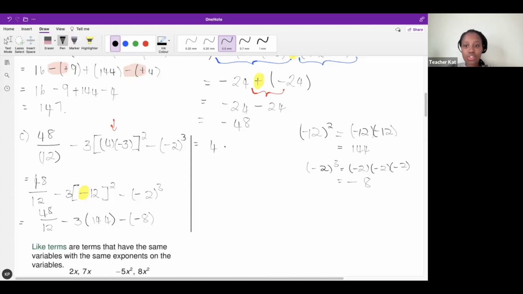Then a negative 3 times a positive 144. Firstly, I know my answer is going to be negative. There we go, 432. And then I have a negative and a negative. What are those two going to give me? 2 negatives will cause this to be a positive 8. Great. Now, what is 4 minus 432?